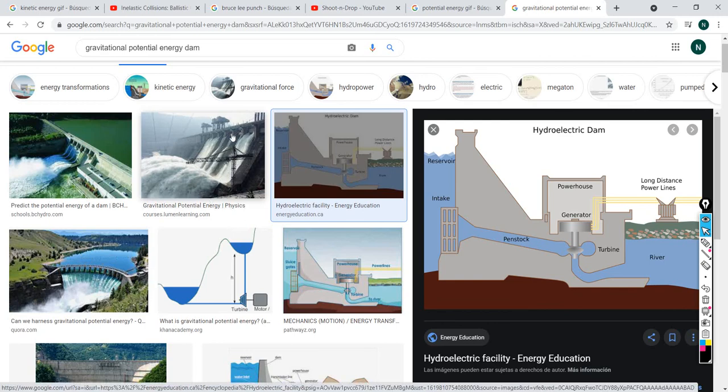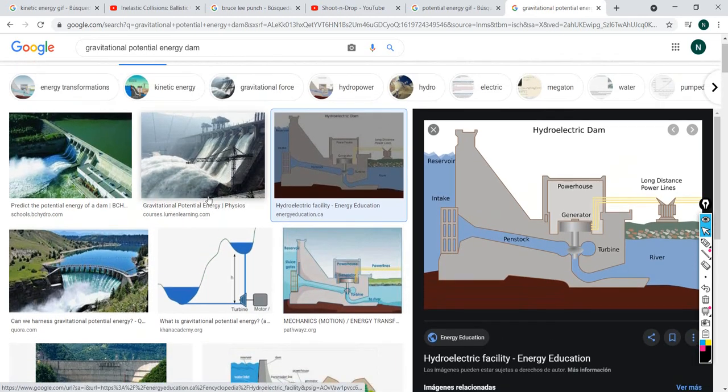Why do we want these things? Why do we build these things? Because we can do the following. When we open the doors of the dam, like in these images they're showing you, what's going to happen is that the water, which is at a certain height from this ground, can you see?